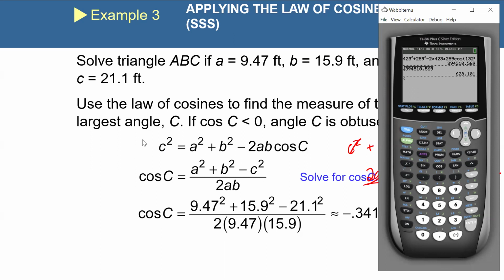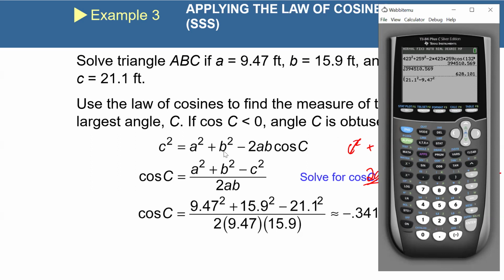So if you're not isolating, you're plugging in what you know. What is C squared? 21.1, so we have 21.1 squared. We need to start moving things away from cosine. The first thing is to subtract A squared, which is 9.47 squared.